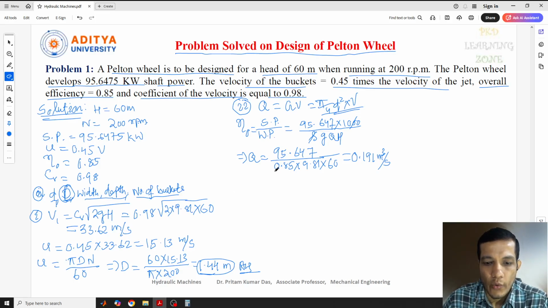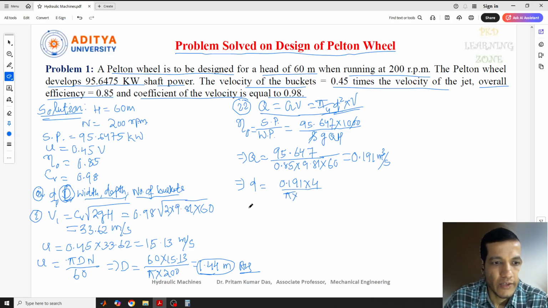Now, using the formula I told you, d equals root of 4Q divided by pi into V. Taking Q as 0.1914, V is given as 33.62. So d square equals 4Q divided by pi into V, and d is the square root of this, so I can find the value of d.